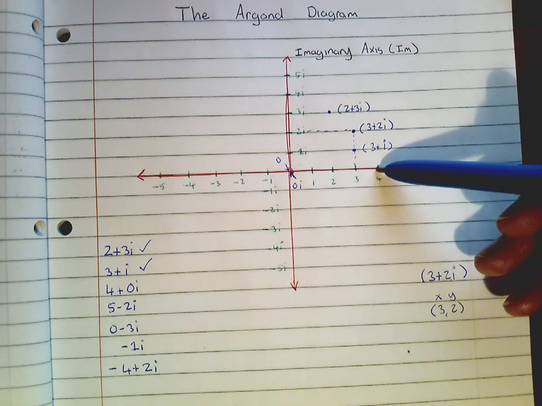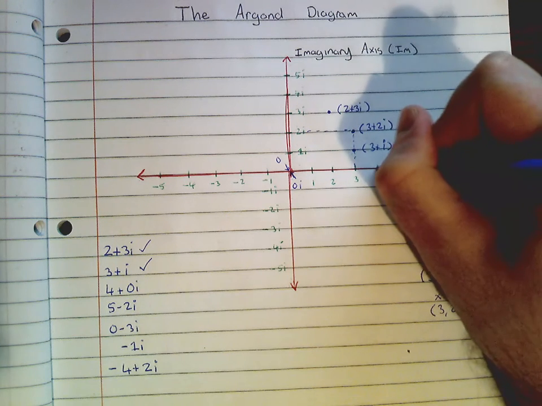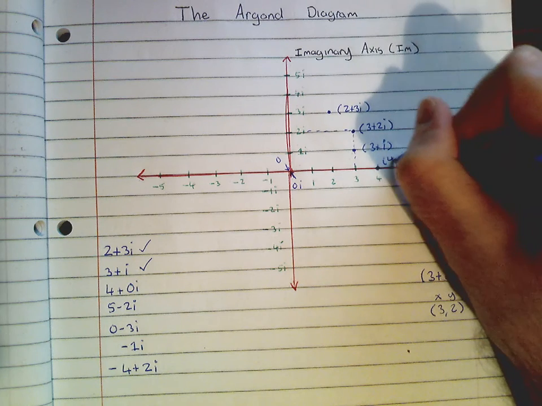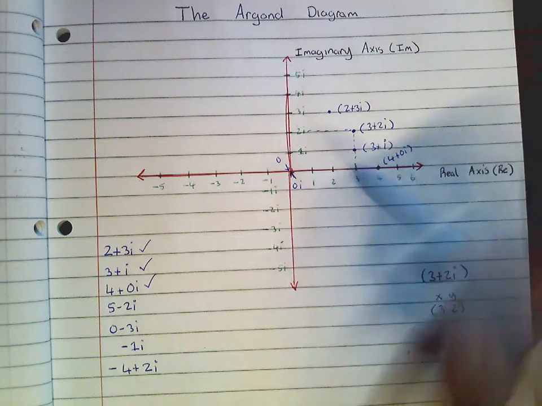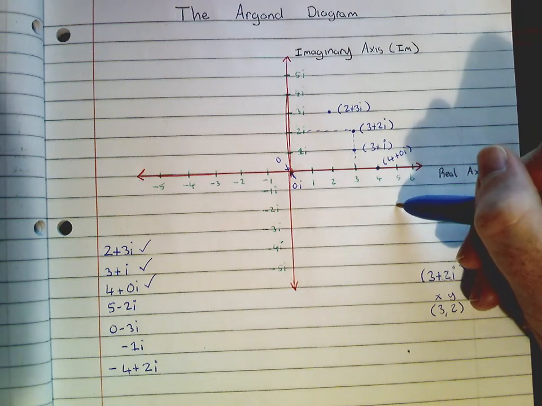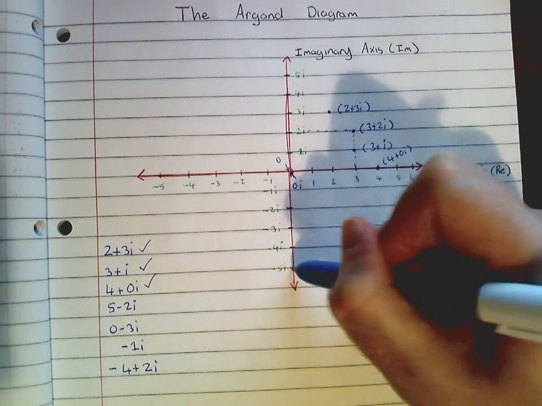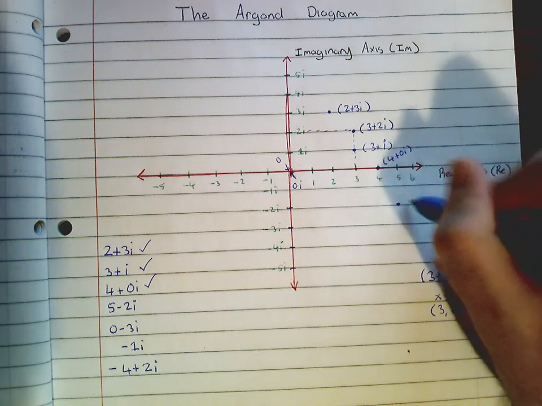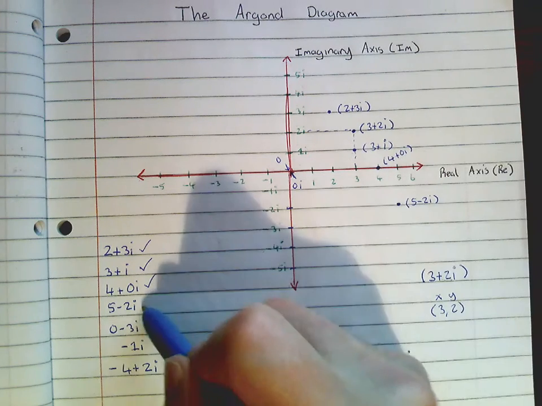It's 4 on the real axis, but 0 imaginary, so it's going to be right on this axis here. That's 4 plus 0i. Then if we think about 5 minus 2i, 5 is here, and minus 2i is down here. These are the negative imaginary numbers, so minus 2i is going to be there. So that's 5 minus 2i.